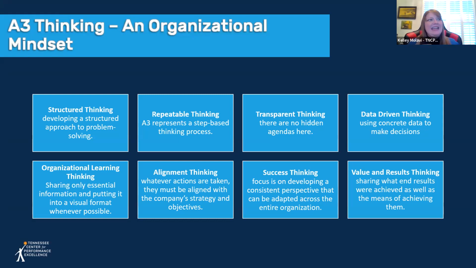We're aligning our thinking to the actions that are best, not just the actions that somebody wants to put in. We're really thinking about, from a strategic perspective, what is the organization striving to achieve, and how are we going to build upon that success?